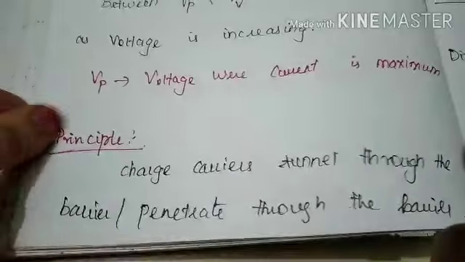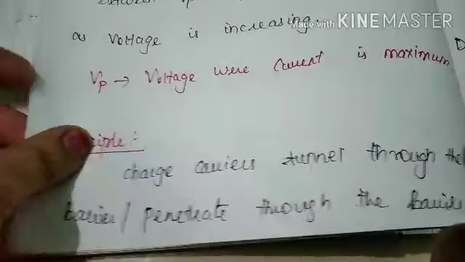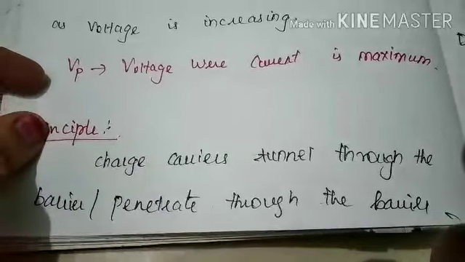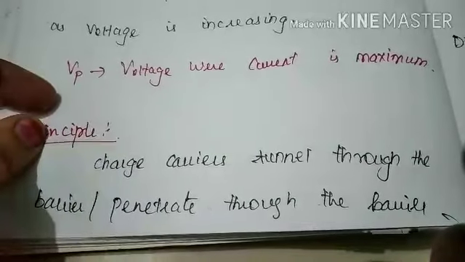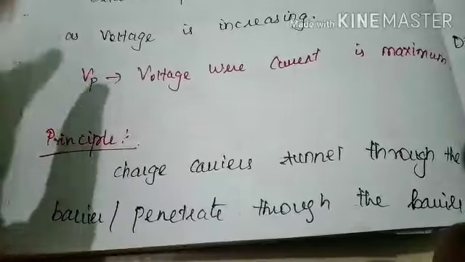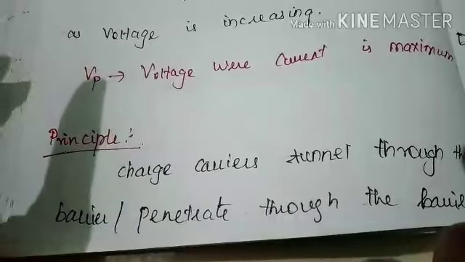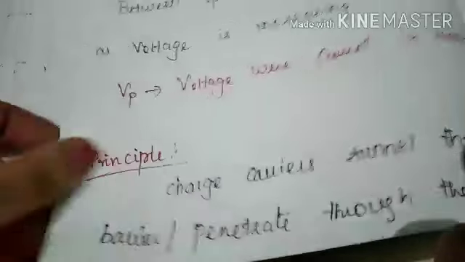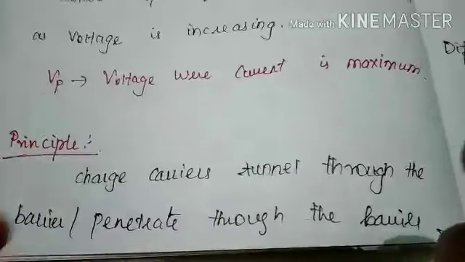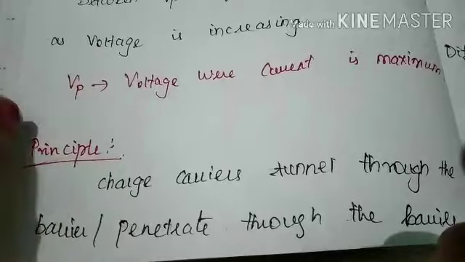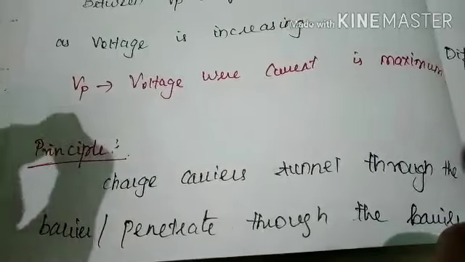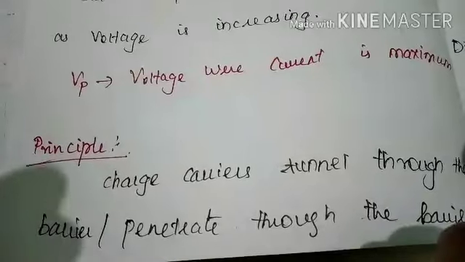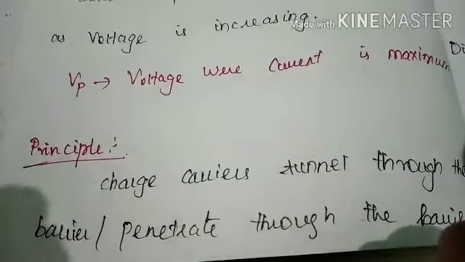The principle or phenomenon of the tunnel diode is that the charge carriers tunnel through, or penetrate through, the barrier. Generally in all diodes we have a potential barrier, right? In that case, we have to break the potential barrier, and the voltage required is said to be the barrier potential, right?